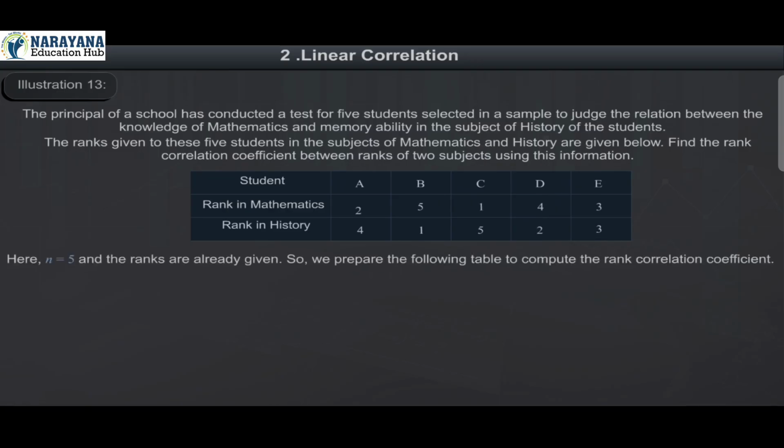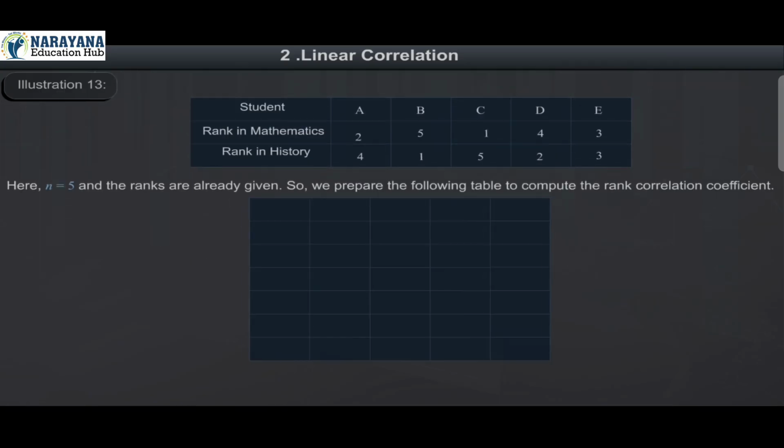Here n is equal to 5 and the ranks are already given. So, we prepare the following table to compute the rank correlation coefficient. Student, Rx, Ry, D is equal to Rx minus Ry, D square. A 2, 4, minus 2, 4.